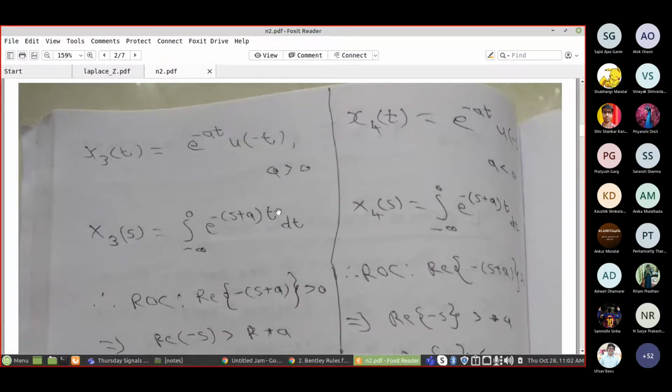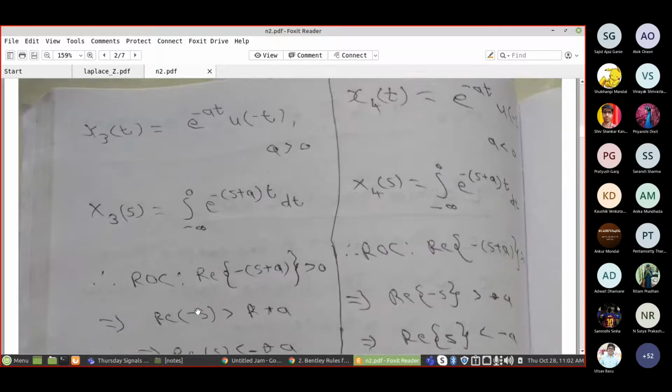There is a negative sign in here, and t is also negative. So for this to be finite, we want the real part of minus s plus a to be positive, right? Because if this quantity is positive, and t is negative, this is going to die out, and this is going to be integrable. This is ensured. So the ROC will be the real part of minus of s plus a strictly greater than 0.